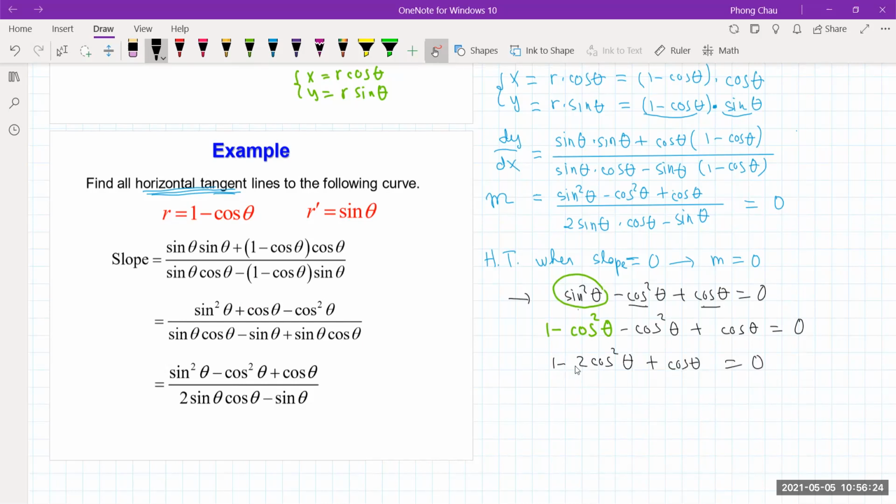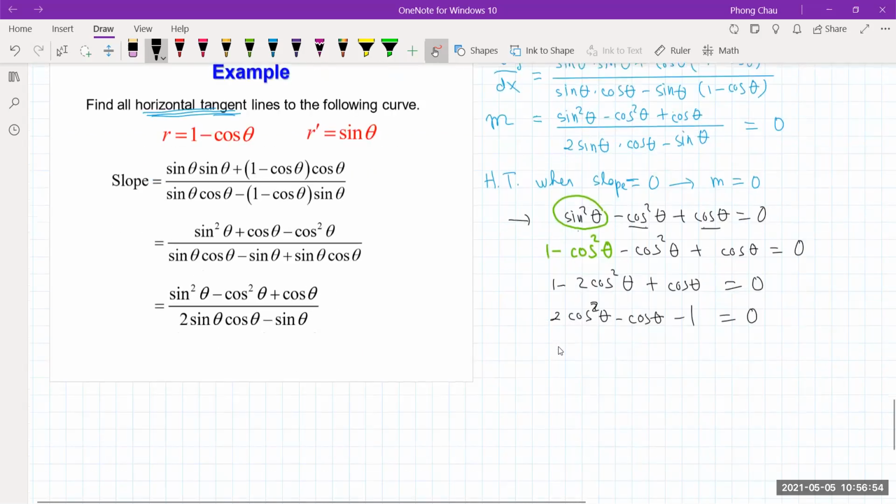I have a negative leading coefficient here, so if I multiply by -1, that becomes 2 cosine squared theta, that becomes negative cosine theta, and that becomes -1, equals 0. Now you can see it becomes a quadratic equation in form. If you let x be cosine, then you do end up with a quadratic.